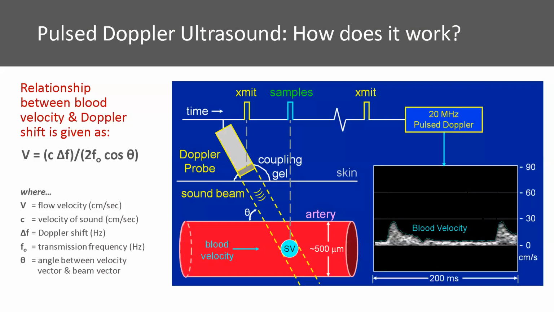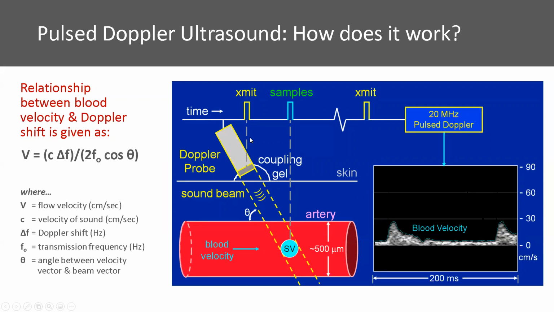And here we have how we measure the signal. You take a Doppler probe and place it on the skin with some coupling gel. Of course, the skin has to be shaved for easy access to that location. Then you aim the beam into the vessel of choice, and there is a control that you can use to place the sample volume in the vessel, and you get the signal.